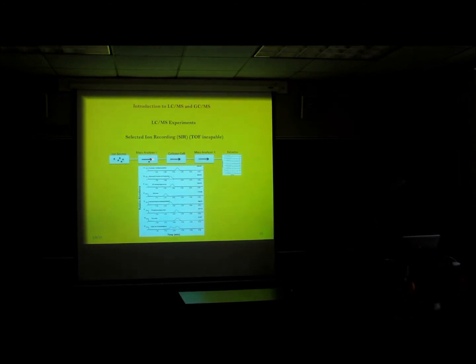With both filters set to transmit only ions of one specific mass-to-charge ratio, you only get a peak for that mass-to-charge ratio you want. You can set up an experiment where you have several selected ion recordings simultaneously so that you're not limited to just one analyte per run. And you can look at each of those individual channels separately.